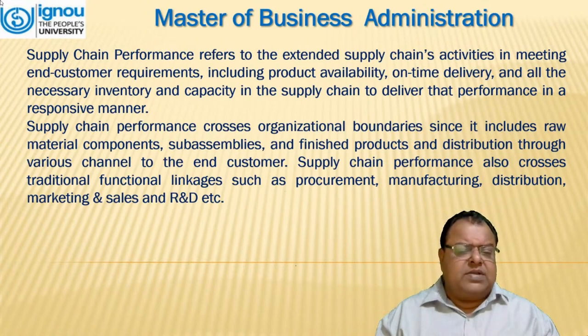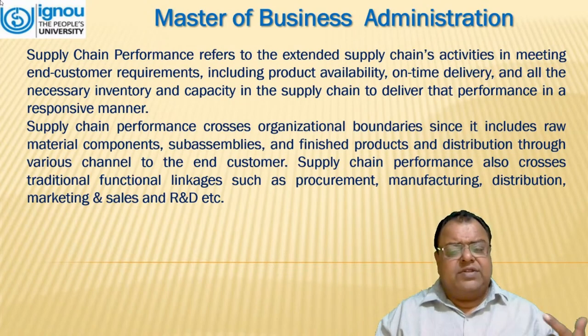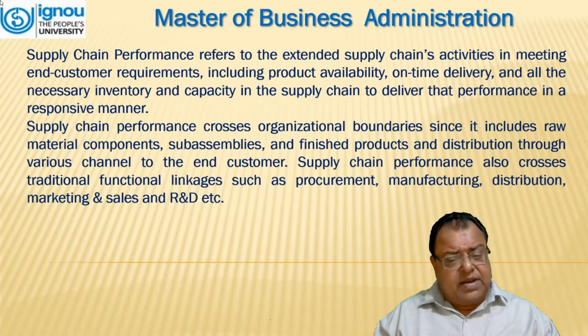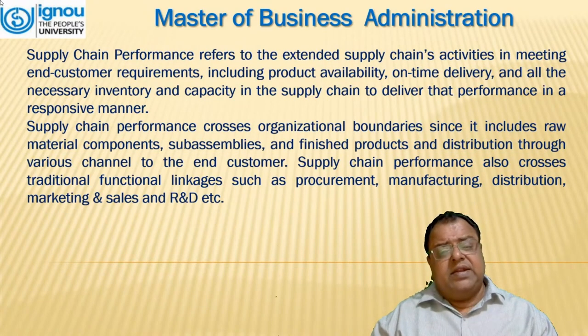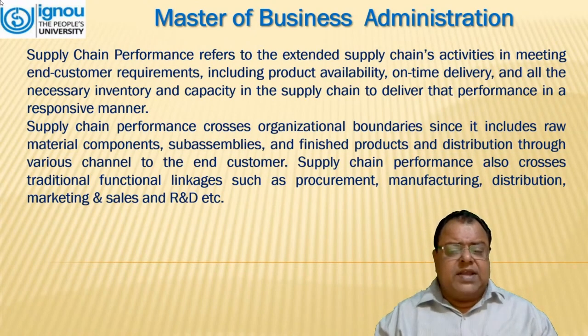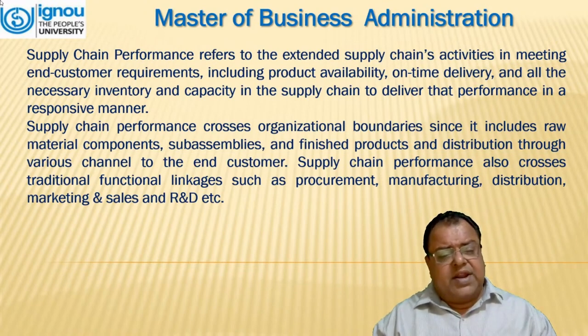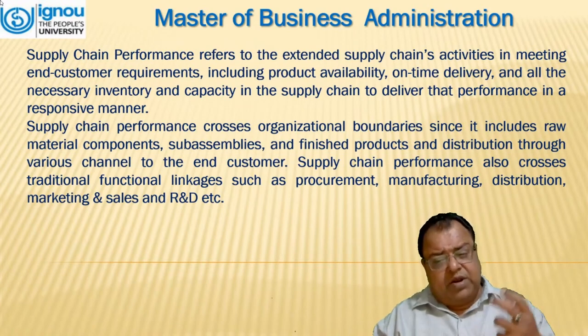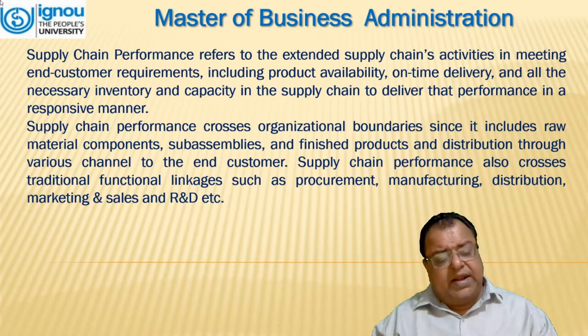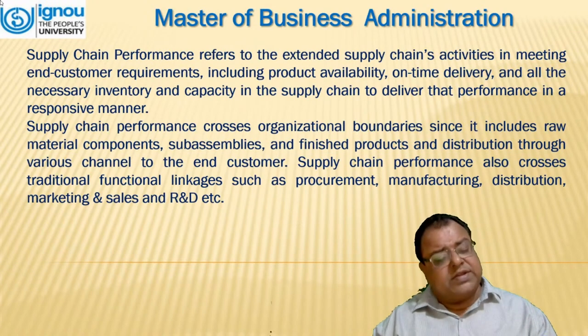Supply chain performance crosses organizational boundaries since it includes raw material, components, sub-assemblies, and finished products, and distribution through various channels to end customers. Supply chain performance also crosses traditional functional areas such as procurement, manufacturing, distribution, marketing and sales, and research and development, etc.